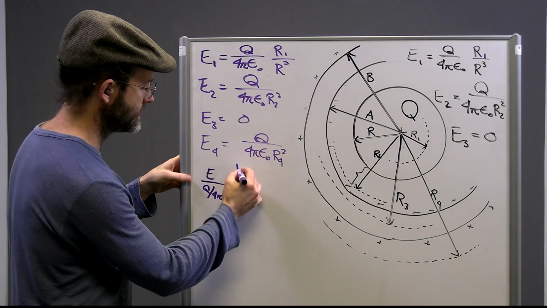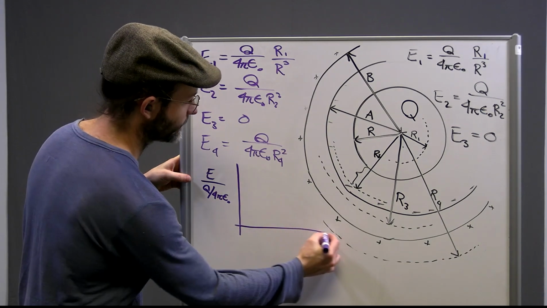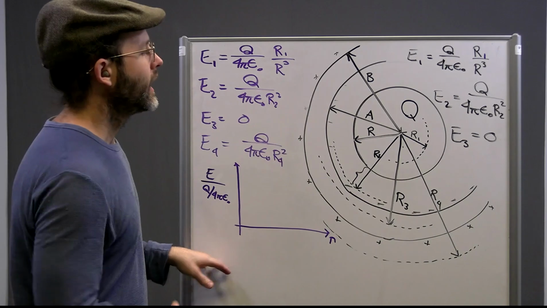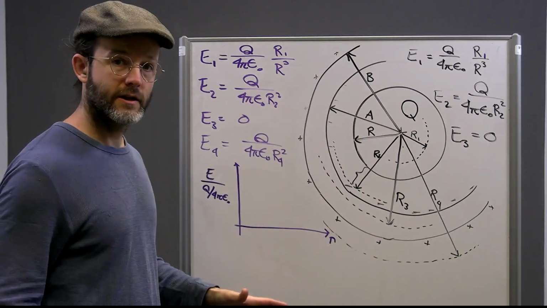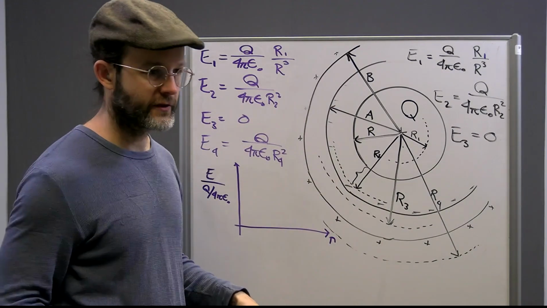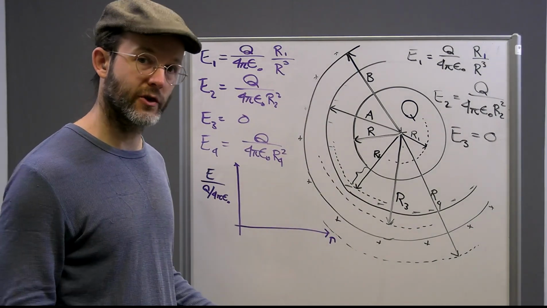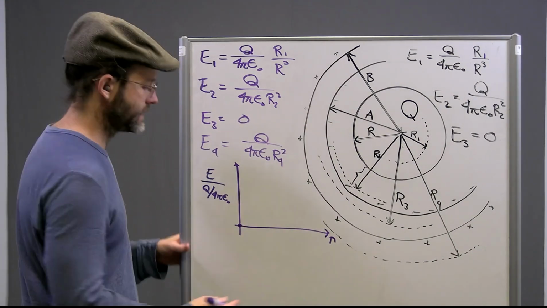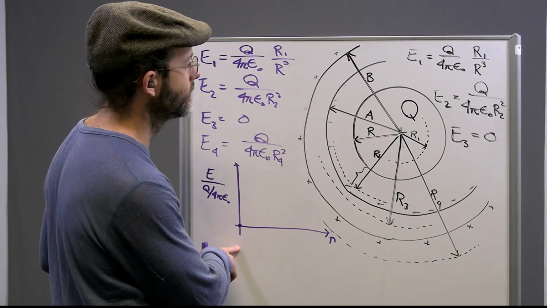That way we can see directly what's happening as a function of R. At the very center, it's not hard to evaluate. If you try to draw a Gaussian surface with zero radius, you have zero surface area and you enclose zero charge. Therefore, your E begins at 0 when radius is 0.